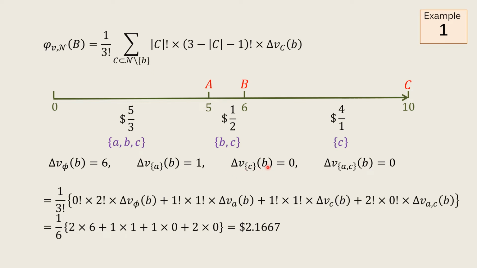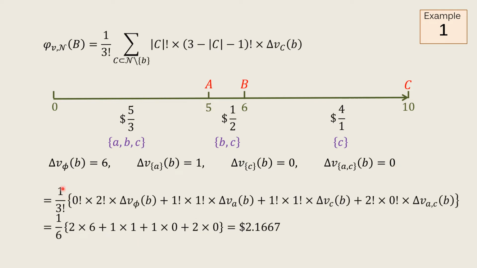So the marginal contribution of b is 0. Likewise, if a and c alone were to share the taxi, then the total cost would be $10, and agent b joining, since it's going to be dropped off here, contributes no increase to the fare. Therefore, the marginal contribution of b to ac is also 0.